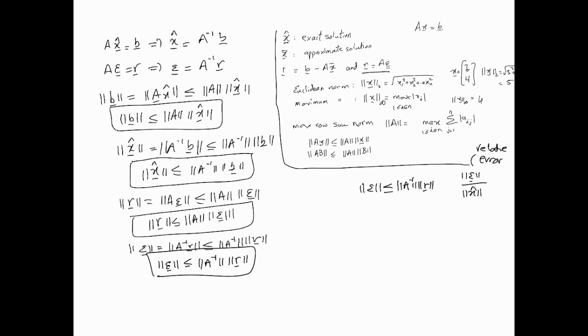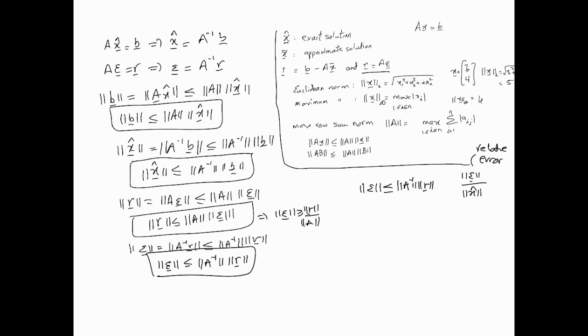Now, if I go back and look at this other epsilon relationship here, from this I can say that epsilon is greater than or equal to R over A. Simple, right?